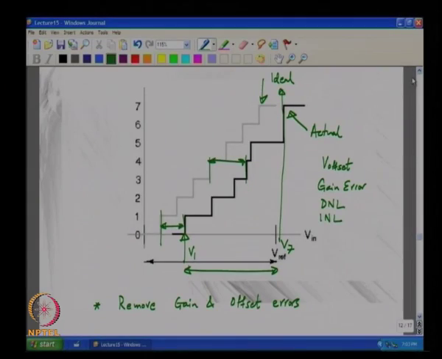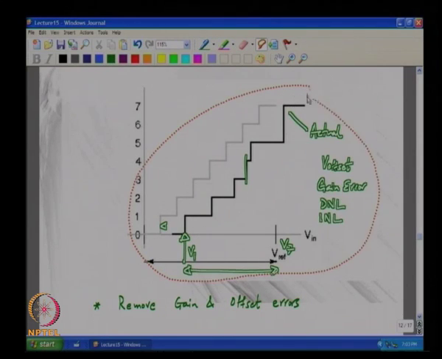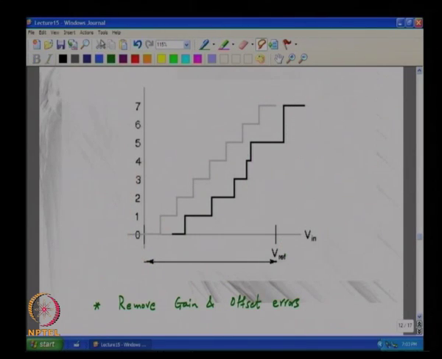Another way of doing it, a somewhat more rigorous way, is this. The basic ideas are very much the same: you need to get rid of offset error and gain error.